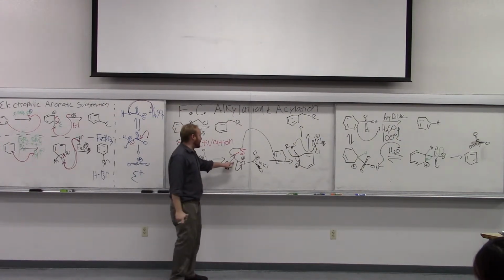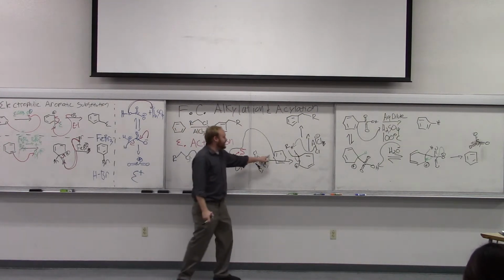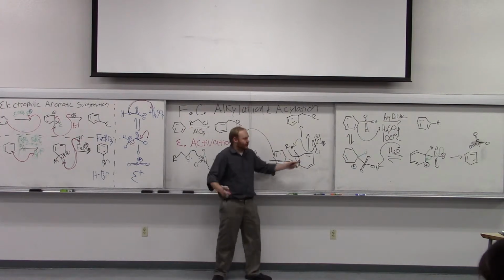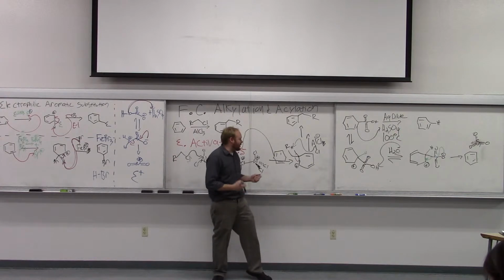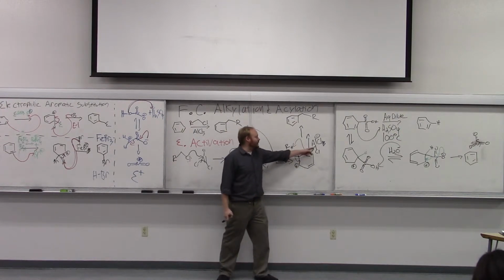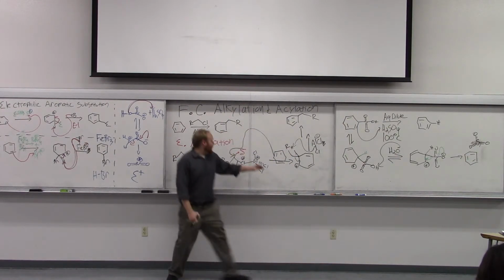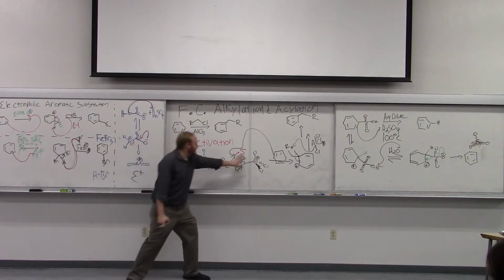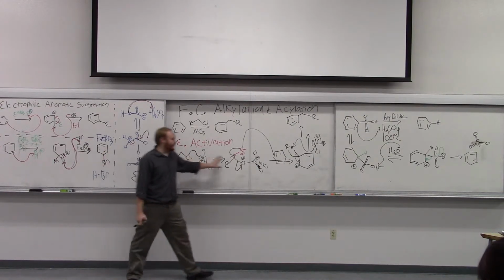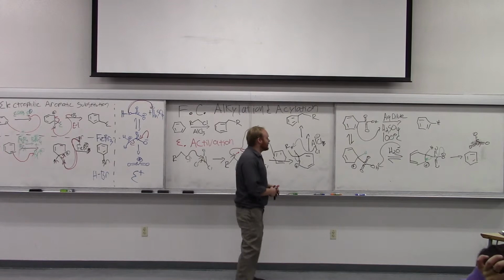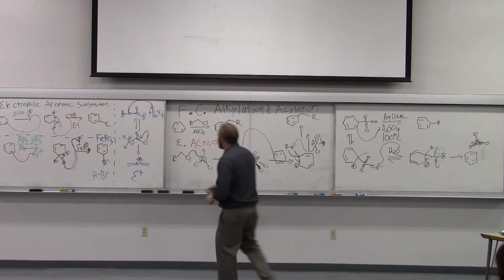And so now since it's so activated, the aromatic pi system is going to attack. That gives us our electrophilic aromatic substitution carbocationic intermediate, and then the generated Lewis base, AlCl4 minus, is going to grab the proton to regenerate the aromatic ring. So again, the only new stuff here is how we activate the electrophile with Lewis acid. Everything else is the typical classic tried and true electrophilic aromatic substitution mechanism.